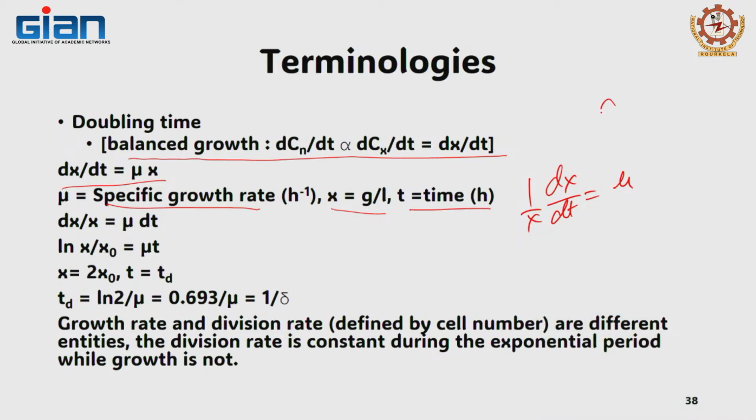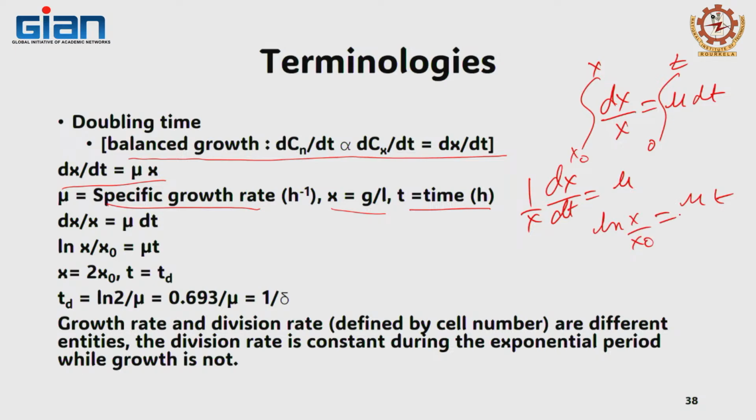So, if you make it dx by x equals mu dt, and if I integrate it, I will be left with mu t, like 0 to t, this would be x naught to x, this will become ln x by x naught is equal to mu t, right. That is what they are doing.